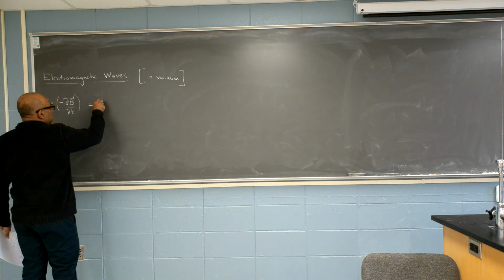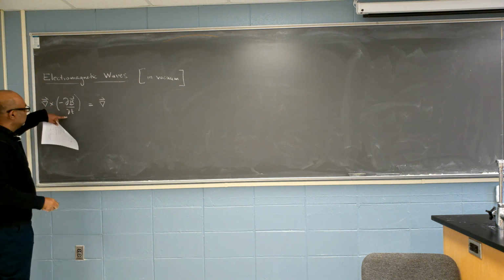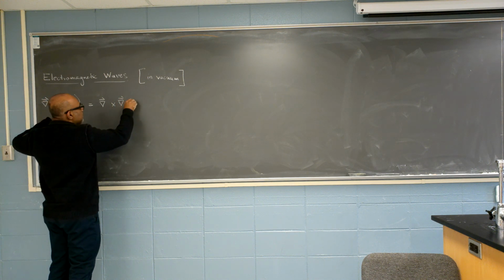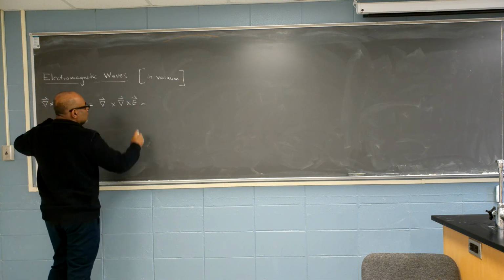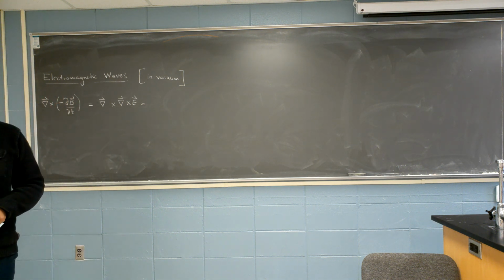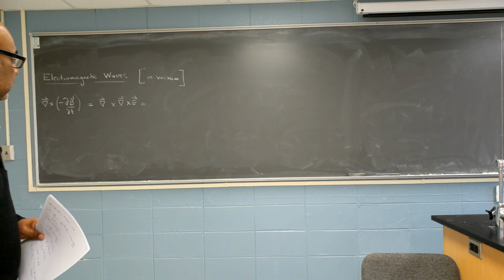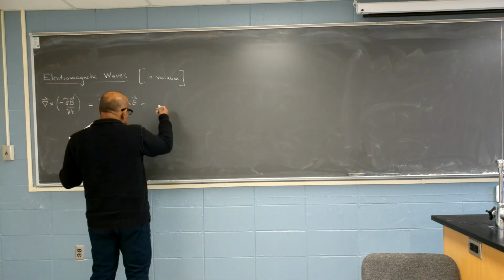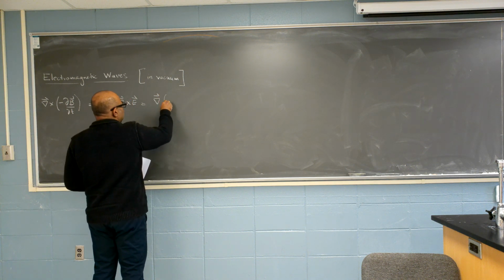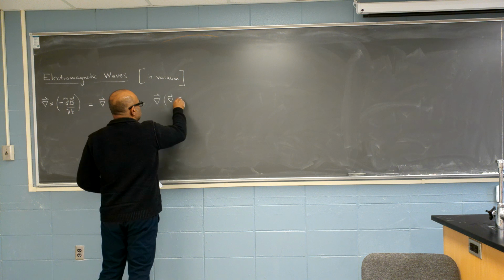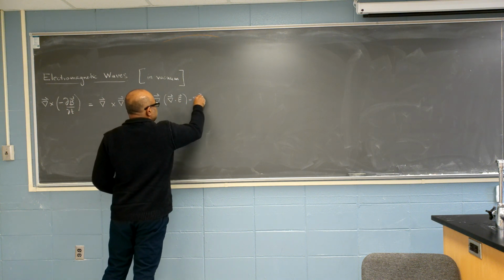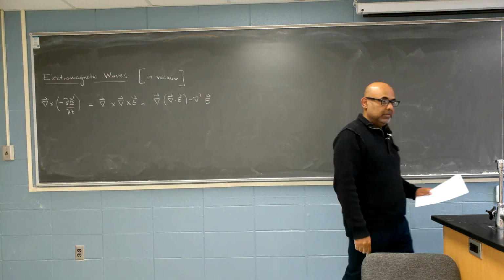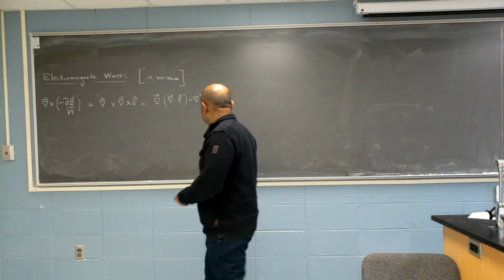Minus dB/dt from Faraday's law is nothing but the curl of E. And curl of curl of E, from the inside cover of your textbook, please locate it if you're able, is exactly this: del of divergence of E minus del squared E. Yeah? This is 0.